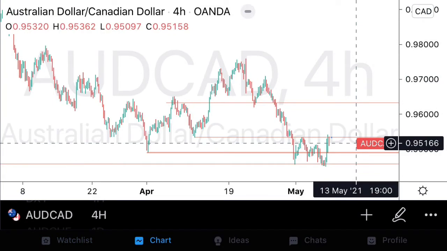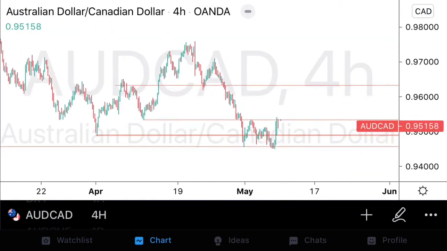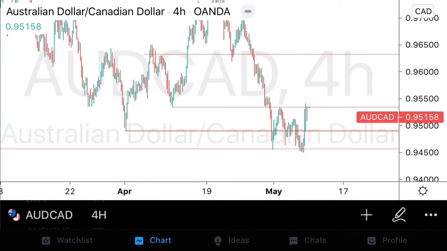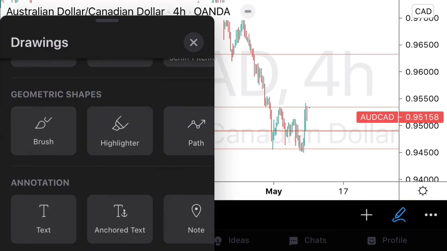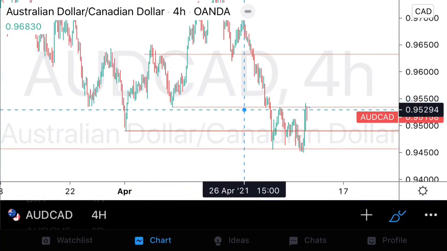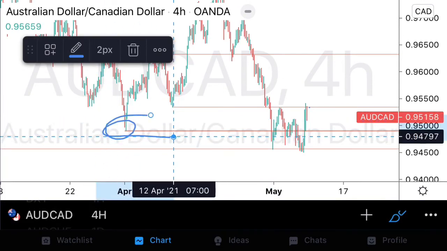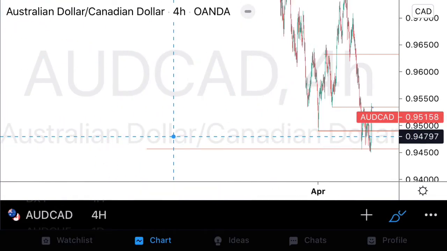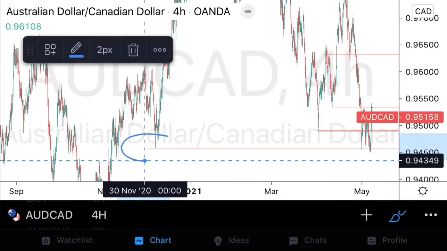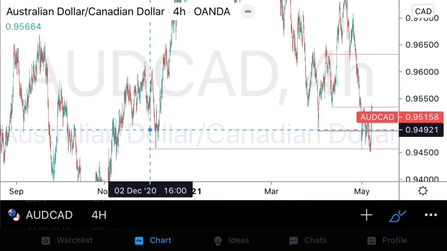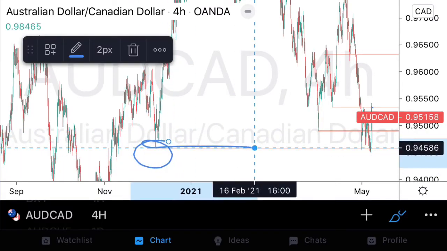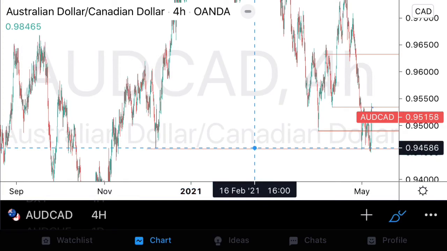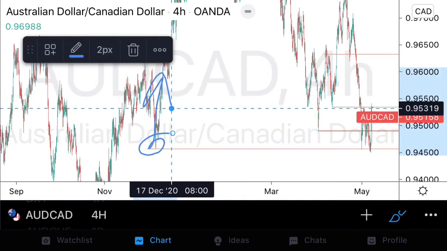So on Aussie CAD, guys, what we can see is a market that has violated some structural lows. We see a violation of these previous lows over here. We see a violation of these extreme lows over there. And also, if we look back in the past where we see this horizontal ray coming from, we have lows that have been established over there that were the cause of, or where we basically saw a lot of buyers coming in, sending prices to the upside.